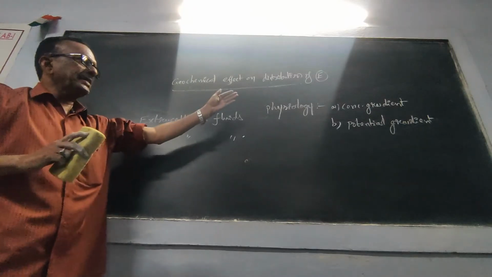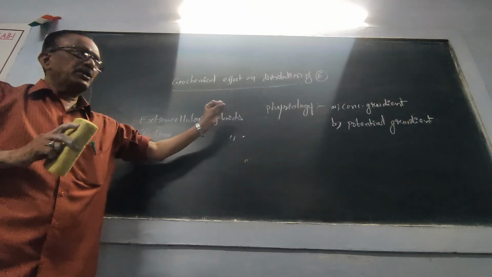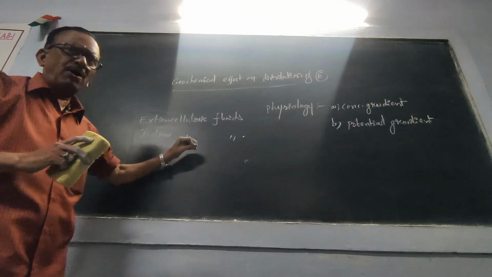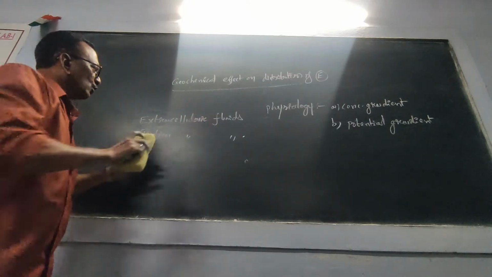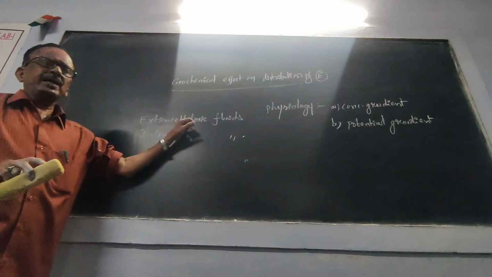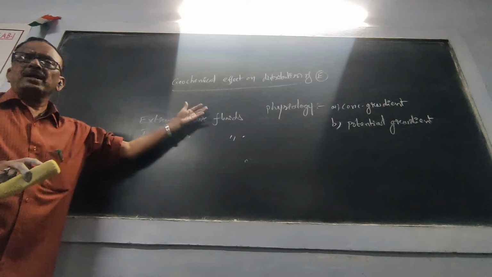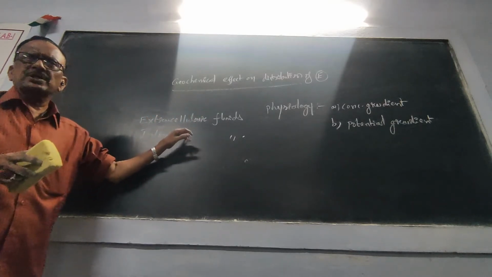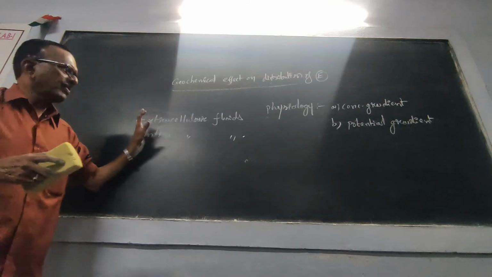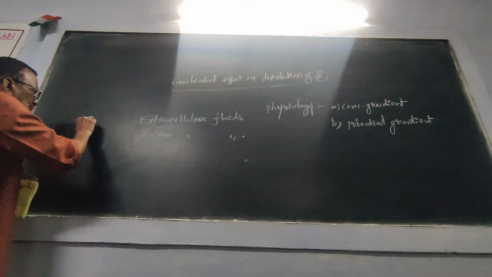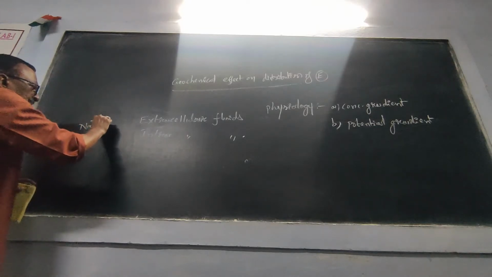Already I have explained this. Concentration gradient is nothing but the difference in the concentration of ions. So here, in the extracellular fluids, we have some ions. What are they? We will shortly learn. And in the intracellular fluids also we find many ions. So actually I have written these two words in connection with the sodium potassium pump that we are going to learn.